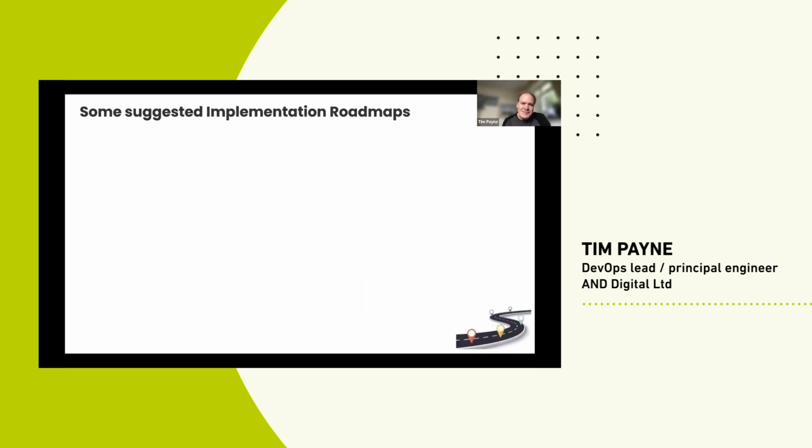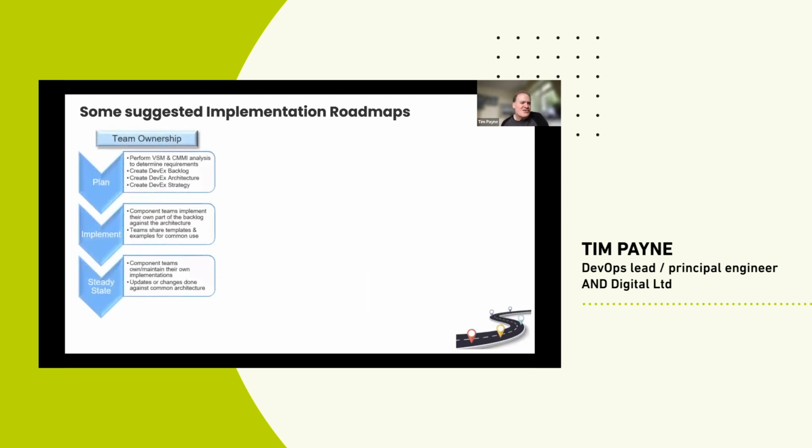So when we look at some suggested roadmaps, most of these are the same. They have the same phases. It's just who owns them that is slightly different. When you look at team ownership, each team would look at what their requirements are. They may do something called a value stream mapping analysis, which I won't discuss here because it's quite an involved process.